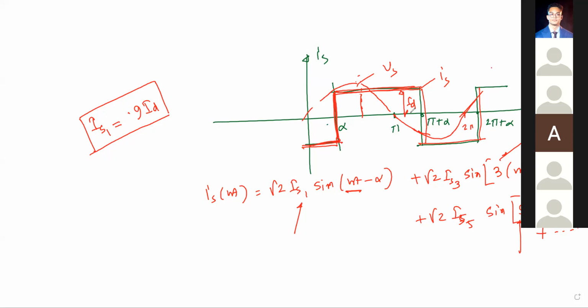We have already proved this in our diode rectifier case. Anybody can remember, please? Can you remember this? Nobody. So you can go back and see the video, or also you can see the class notes.